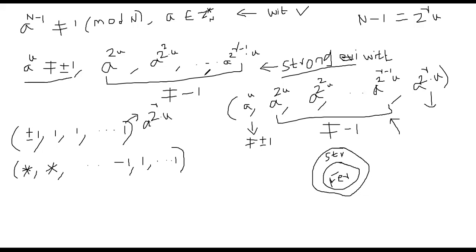If an element A is not a strong witness, that element cannot be a witness. Which means that if the element is a witness, it must also be a strong witness, just applying the logic. All right, I hope that you are able to compare Fermat-Euler with Miller-Rabin.